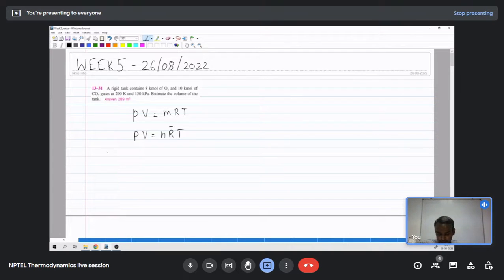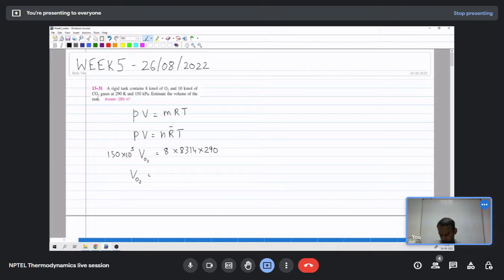To calculate the volume occupied by oxygen, pressure is 150 kilopascal for both the gases, and the volume of oxygen is equal to the number of moles of oxygen, which is 8 kilomole, times the universal gas constant 8314, times the temperature 290 Kelvin, divided by pressure. With this I can calculate the volume occupied by the oxygen in that rigid tank.